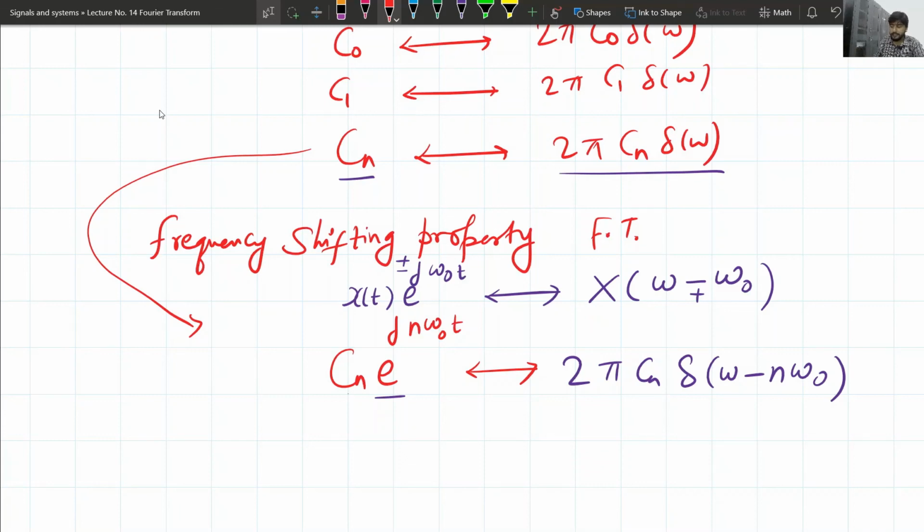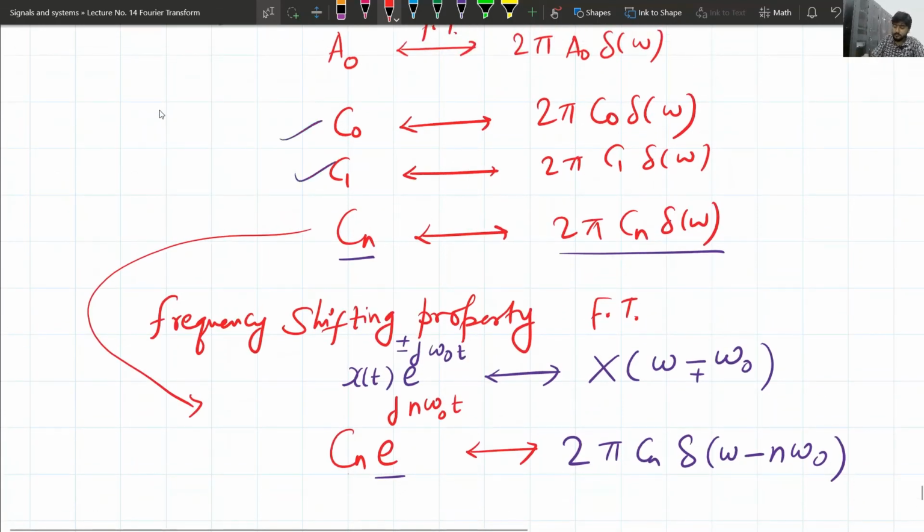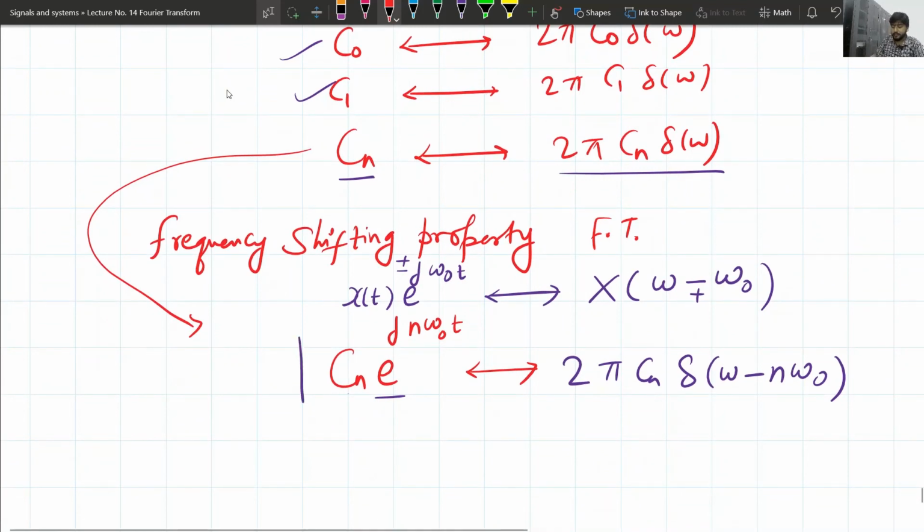Similar will be the case for C0, C1, C2, C3. In general, for any nth harmonic, there will be a shift in frequency by applying the frequency shifting property of the Fourier transform.